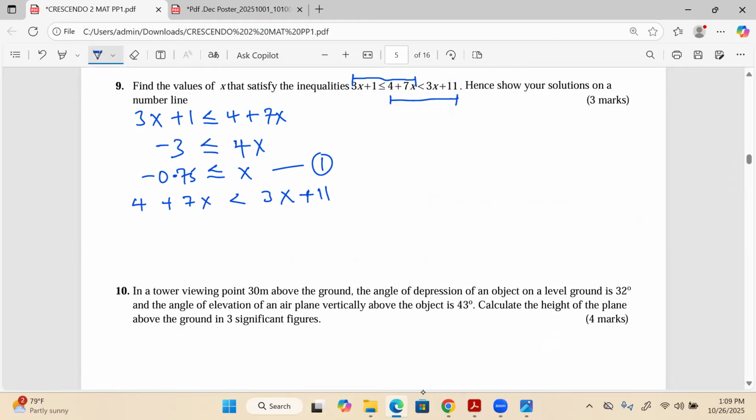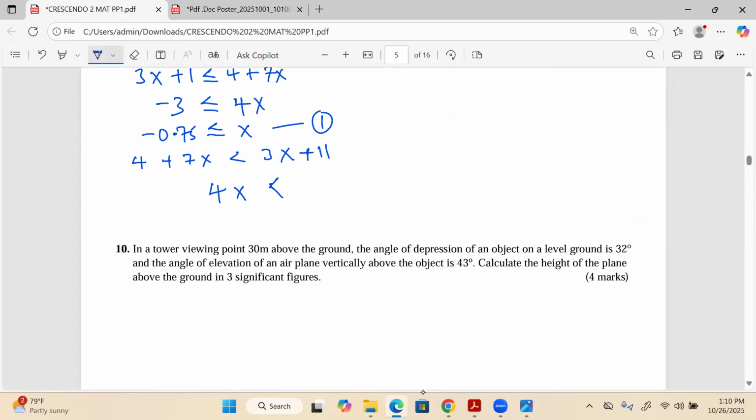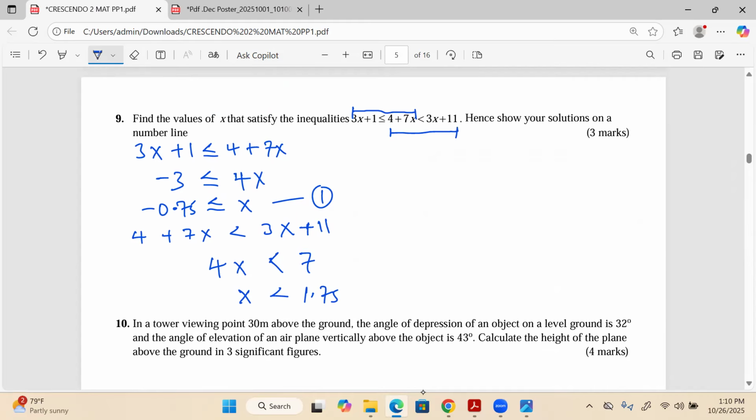You see 7x and 3x, that becomes 4x, less than, let's look at 11 minus 4. 11 minus 4 should give us 7, okay? So the value of x now should be less than 7 out of 4, giving us 1.75. So that is it.